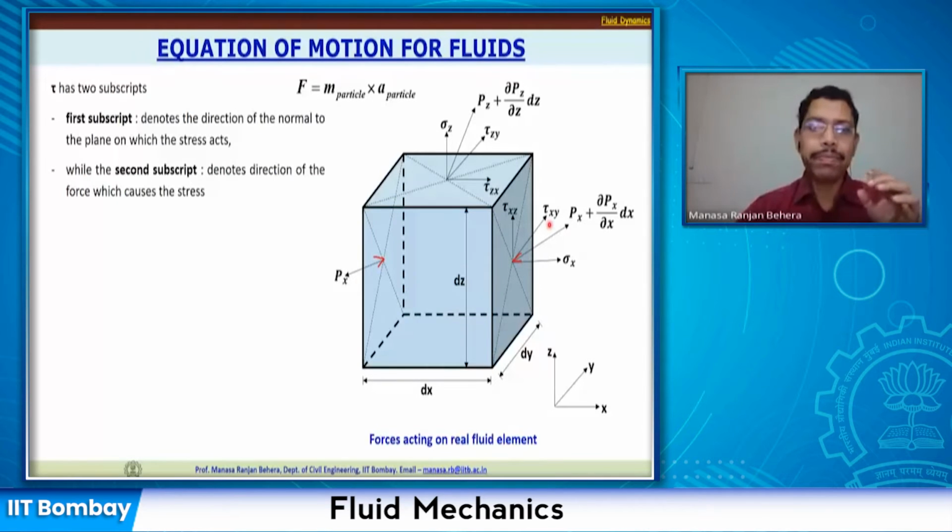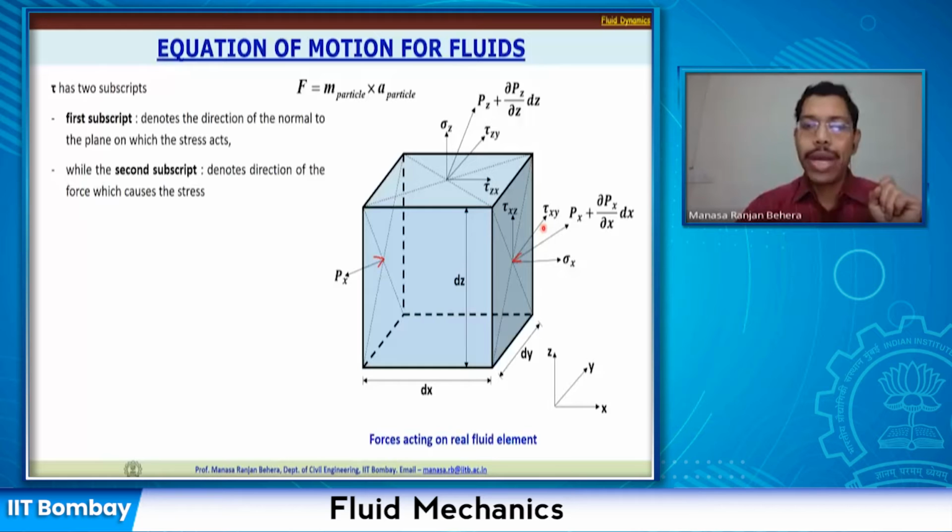The second subscript, y, denotes the direction of the force which causes the stress. There is a force in the y direction that causes this shear stress, so it acts on a face perpendicular to the x direction, that is tau x, and due to the force in the y direction, that's tau xy. All the notations written follow this.